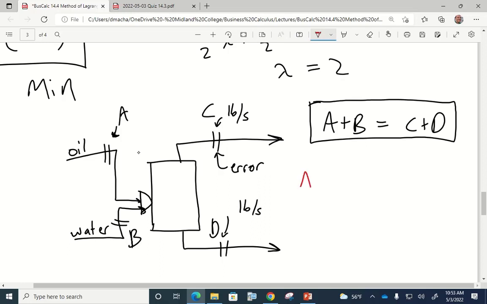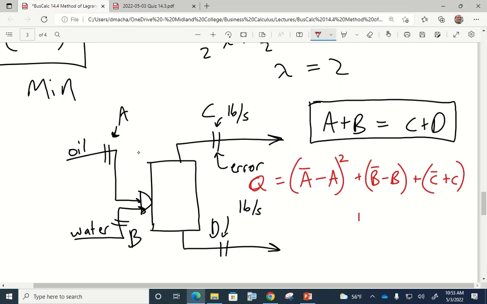And so what I did in my master's project is I set up a multivariable function that, we'll just call it Q, that did this. It took all of the measurements, A, B, C, and D, and it made up values A bar, B bar, C bar, and D bar.